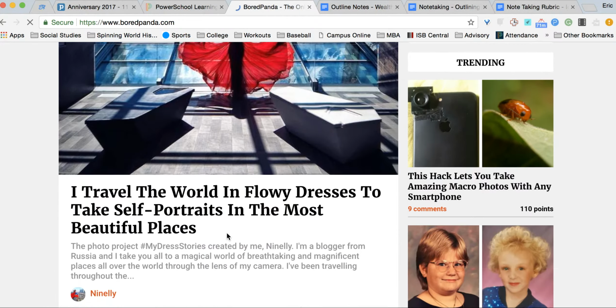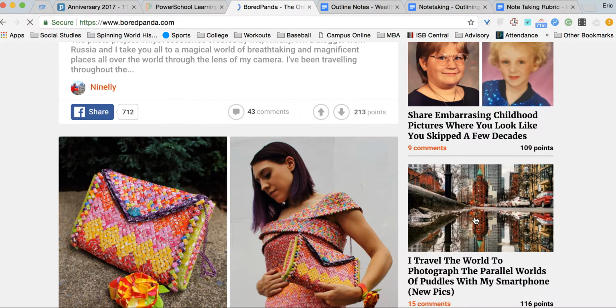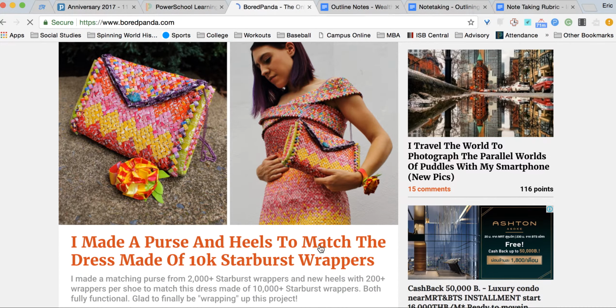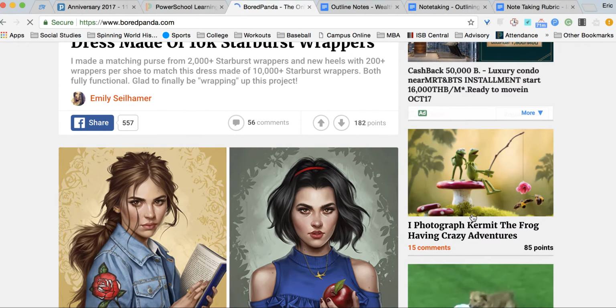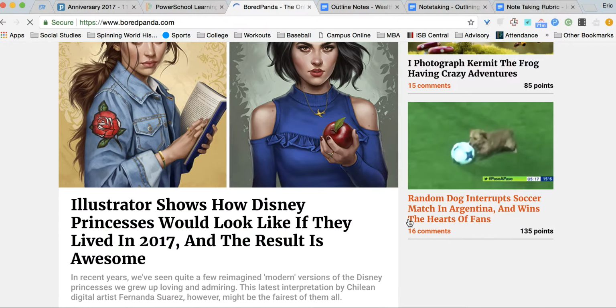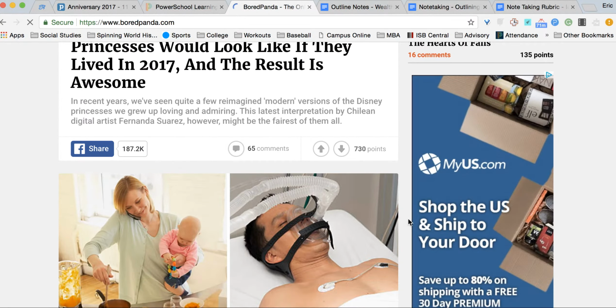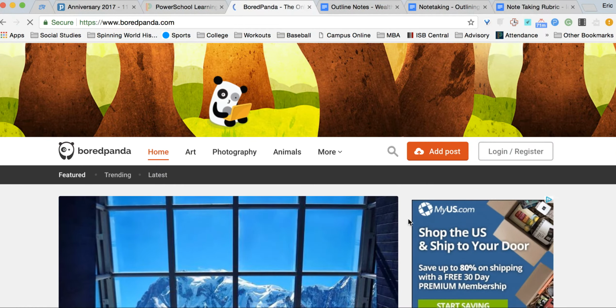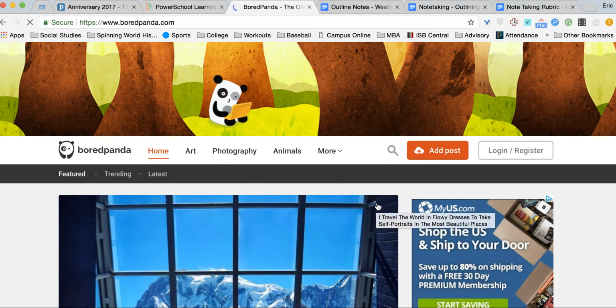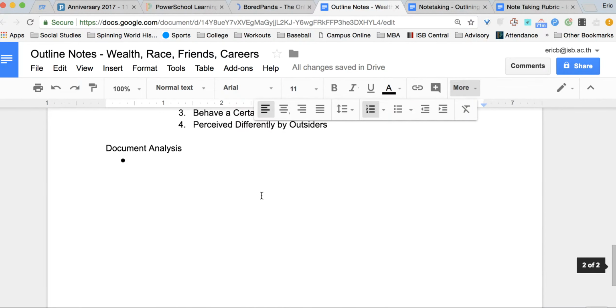And I look what else they have here. I look on the right side, travel photographs. I made a person heels to match the dress I made. So this looks like just a bunch of relatively random pop culture. And I don't know if there's a high level of criticism to determine what is posted here. It looks like really anything that might catch your eye is posted here. In fact, it's called Bored Panda. So I'm going to put down here, Bored Panda.